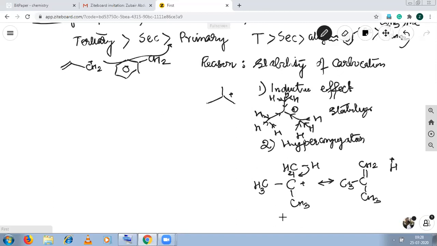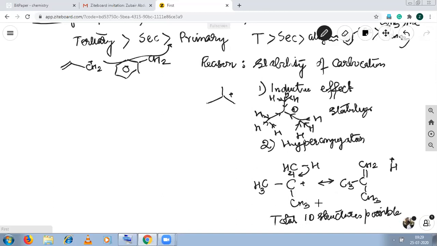How many structures? Total 10 structures possible.